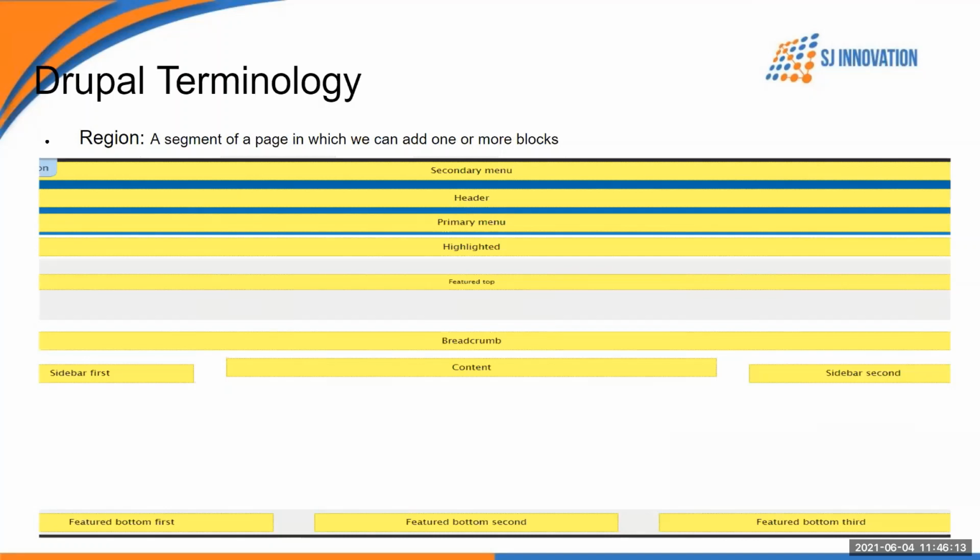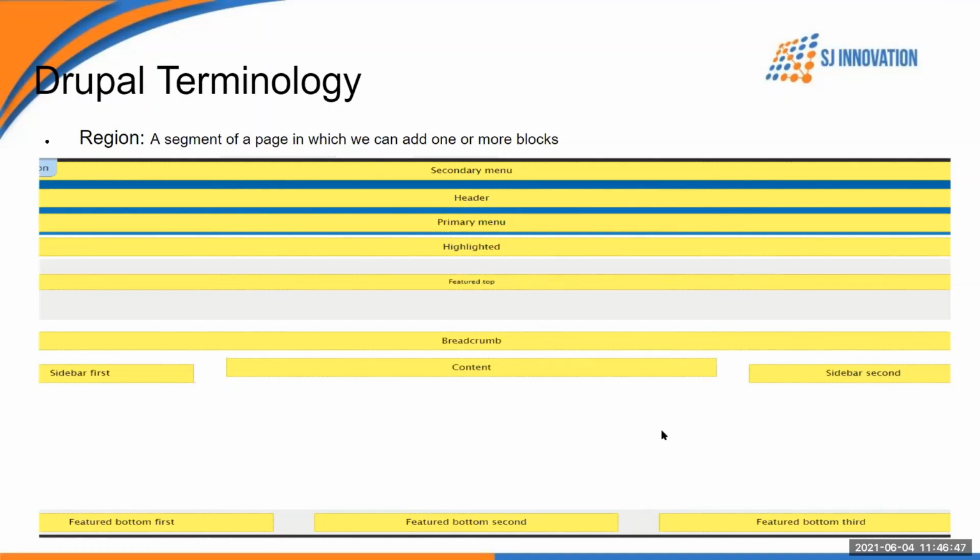In the theme file, you will tell Drupal that I have a region called secondary menu, a primary menu region, maybe a region for breadcrumbs, another region for sidebar and content, etc. So these are placeholders, and I will be putting blocks inside them. Like in the previous slide, in the sidebar I had two blocks, one for the form and one for the tools. So blocks are put inside these regions, and regions are placeholders.